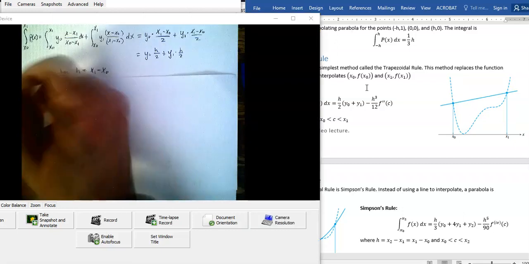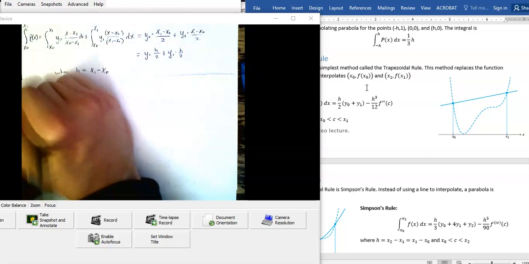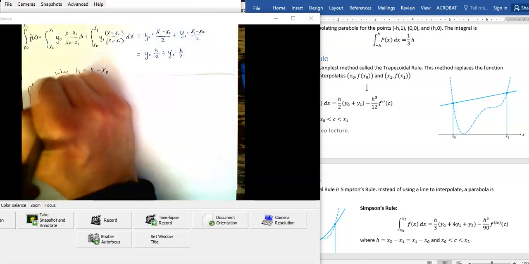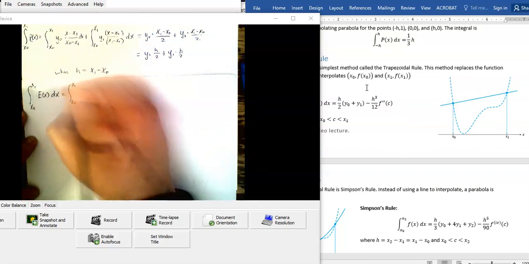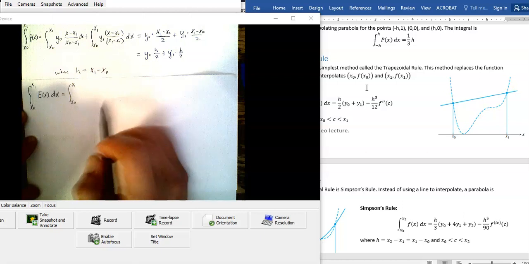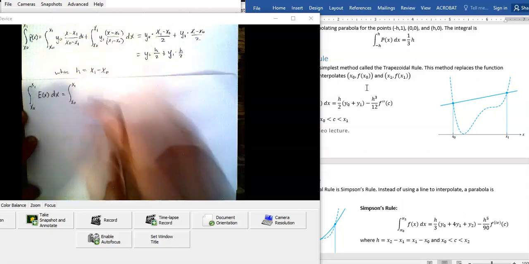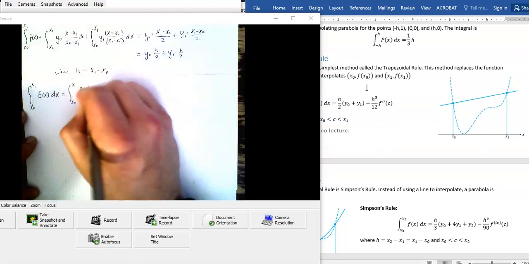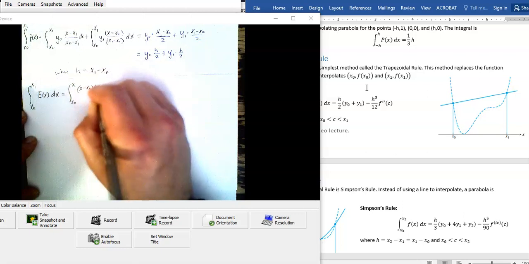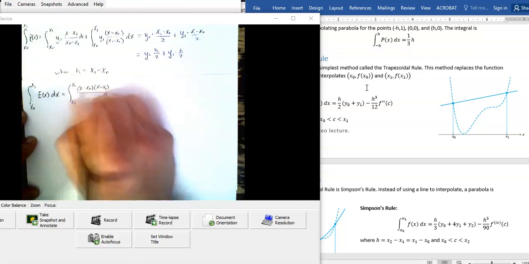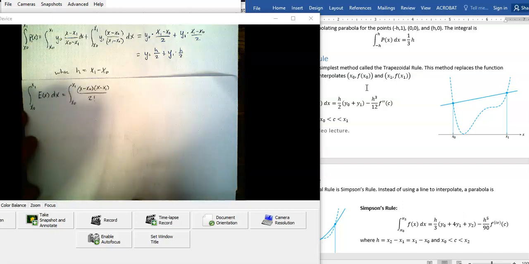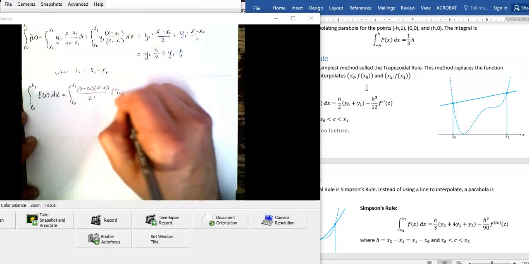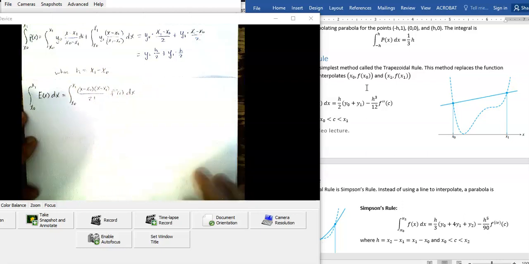Now for the integral of our error term. This is equal to the integral from x0 to x1 of (x minus x0)(x minus x1) over 2 factorial times f double prime of c dx.